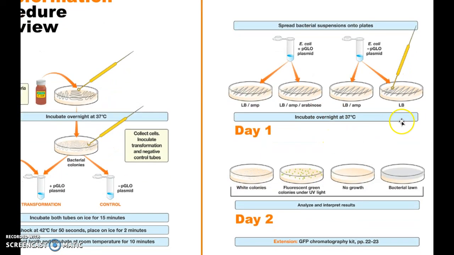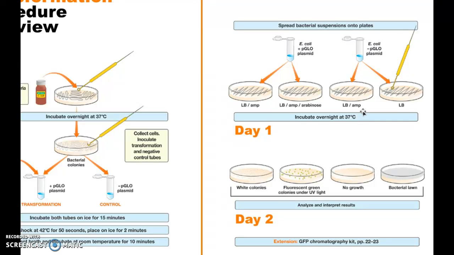So the result is that the bacteria is supposed to grow on the LB plate because there's a nutrient on there, right? However, the bacteria without the pGLO is not supposed to grow on the LB AMP plate because the ampicillin resistance gene is only carried in the pGLO plasmid.